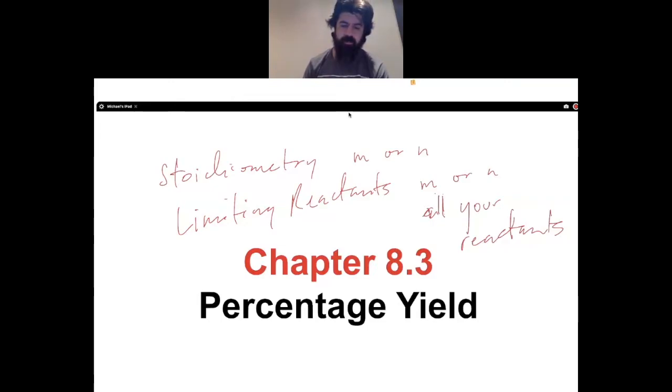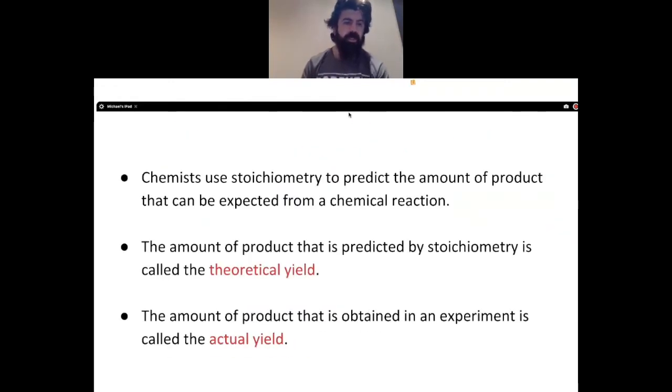Let's move on. Chemists use stoichiometry to predict the amount of product that can be expected from a chemical reaction. Whenever you're being asked to find the mass of something, think back at 8.1 and 8.2, anytime I've asked you to find the mass, you have technically been calculating what is referred to as the theoretical yield.